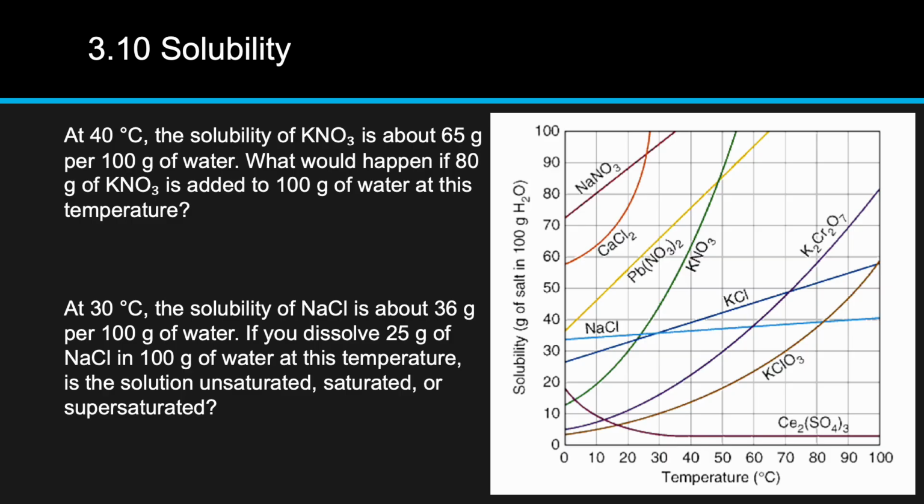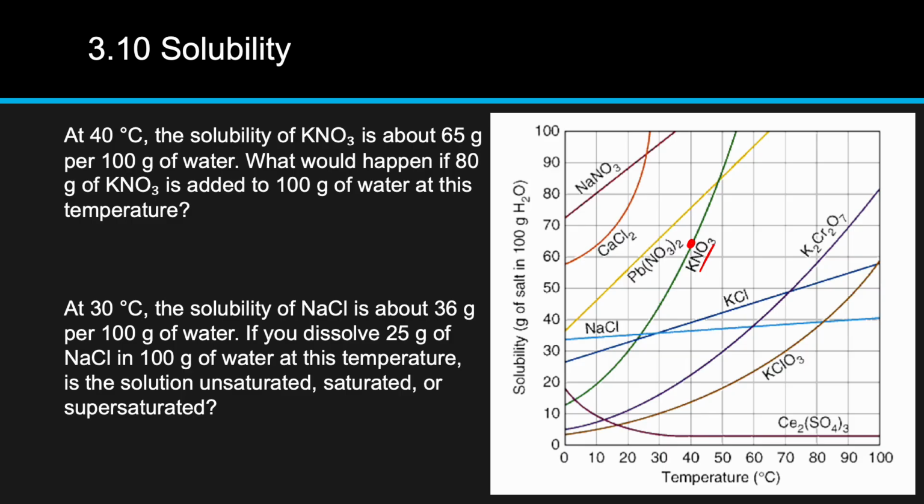At 40 degrees Celsius, the solubility of KNO3 is about 65 grams per 100 grams of water. Looking at KNO3, that is this green curve here, it says at 40 degrees Celsius, we can dissolve about 65 grams of KNO3 in 100 grams of water.